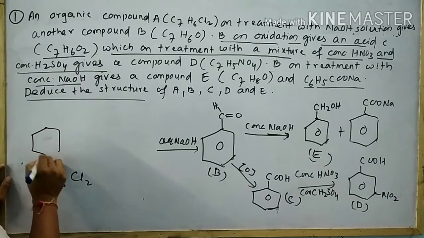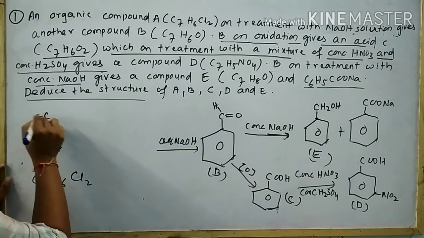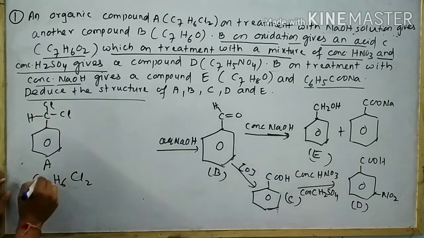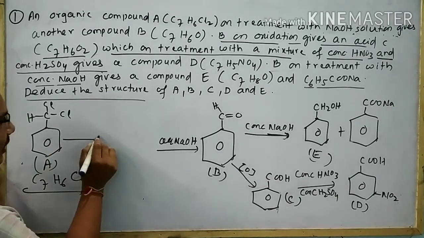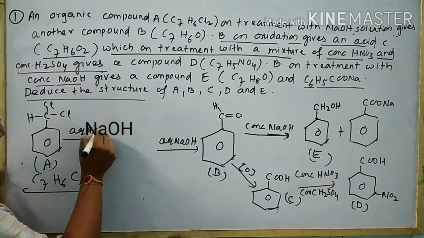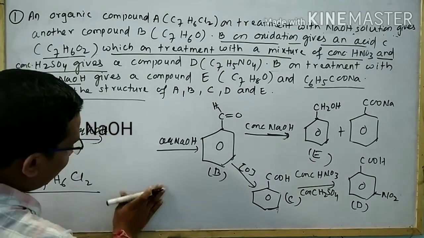So we can write this. This is our A. Now calculate the number of carbon atoms, hydrogen atoms and chlorine atoms. It must be equal to this formula. When it is subjected to reaction with the aqueous NaOH, then what happens?